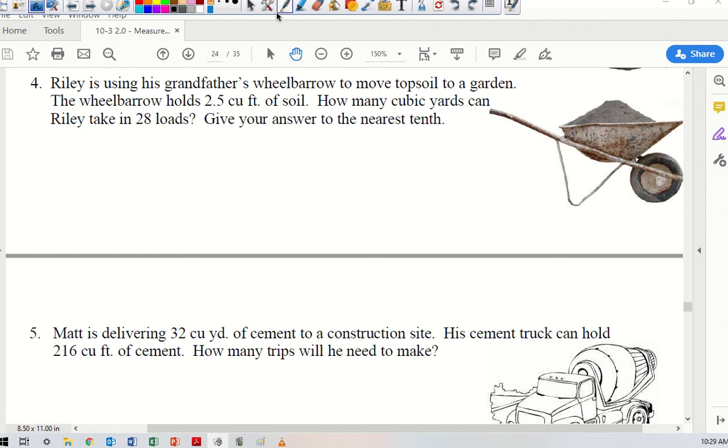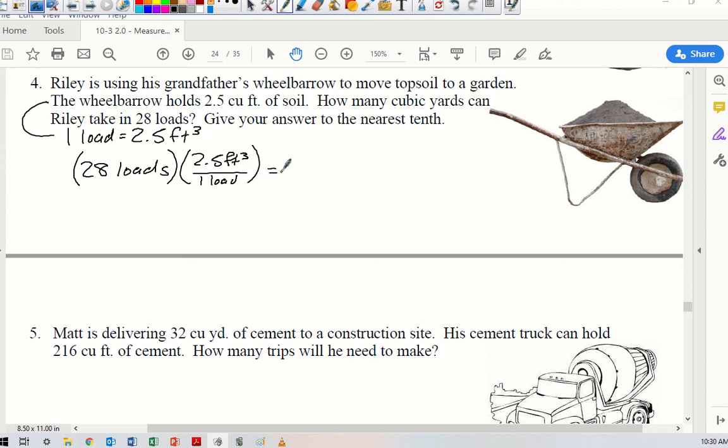Okay. This first line here, the wheelbarrow holds 2.5 cubic feet. What that tells me is one load is 2.5 cubic feet, like so. And we want to figure out how many cubic yards Riley can take in 28 loads. So we have to figure out the total cubic feet he would take in 28 loads first. So 28 loads times 2.5 cubic feet over one load would give you 70 cubic feet. And then we can convert the 70 cubic feet into cubic yards.